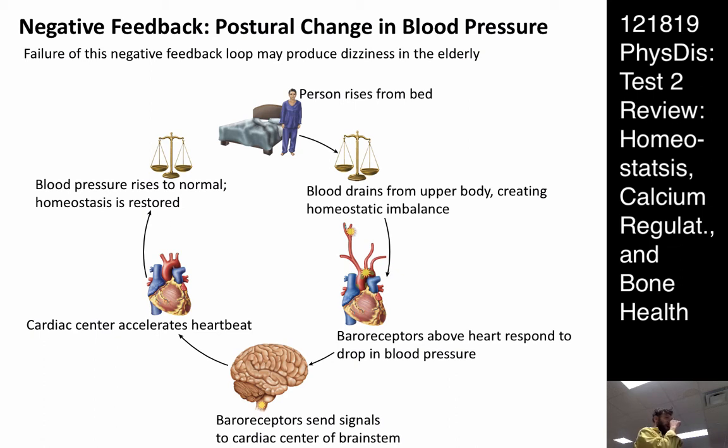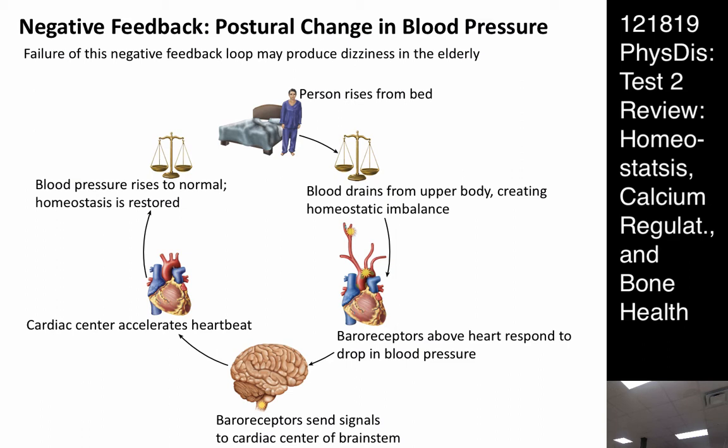Here was another one that we talked about. A postural change in blood pressure. So you get up, blood drains from your head, which lowers the blood pressure. So the baroreceptors, the pressure receptors in the blood vessels that are above the heart in the aortic arch and the carotid bulb, send signals to the brain.